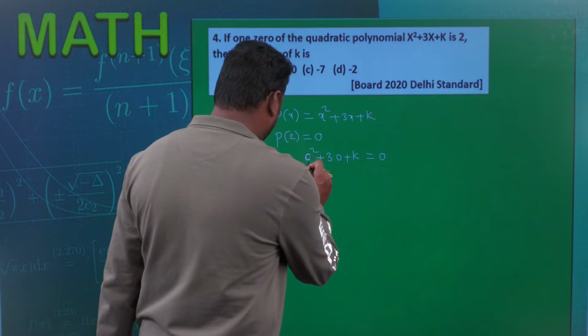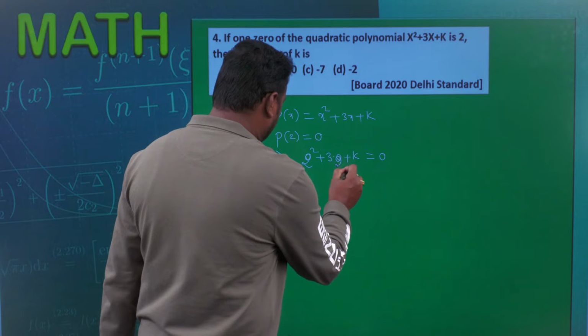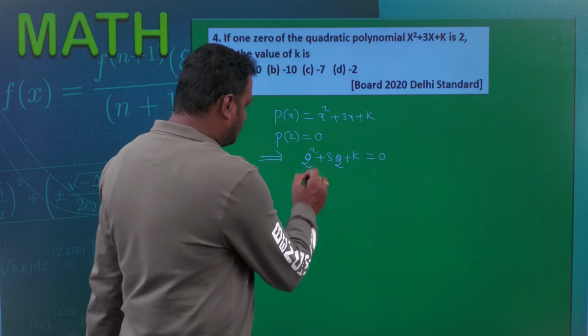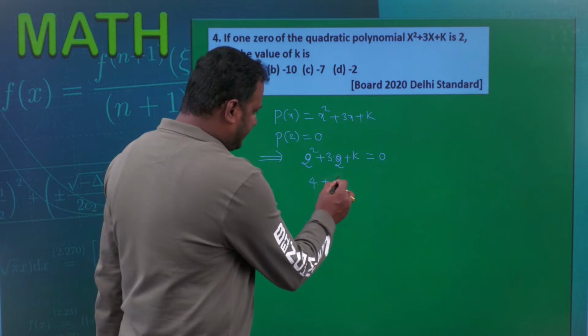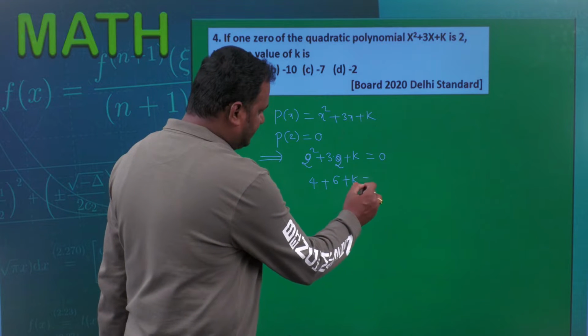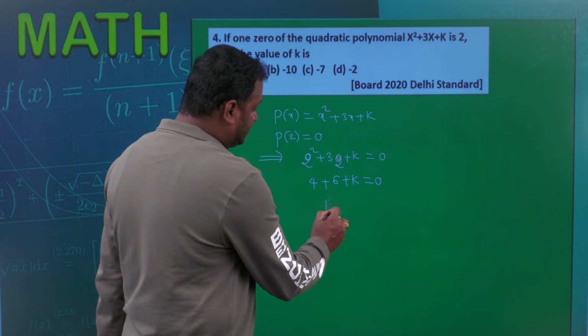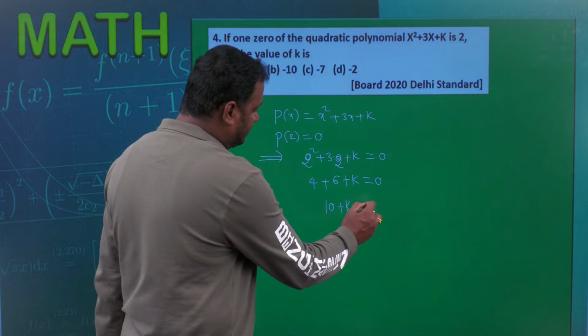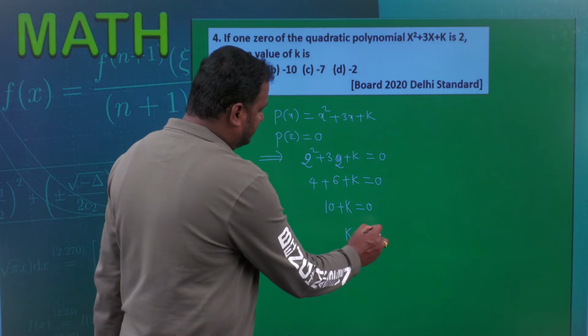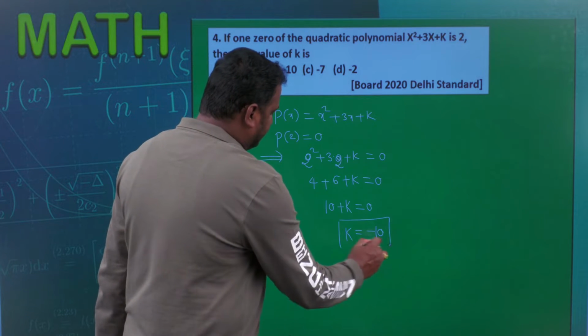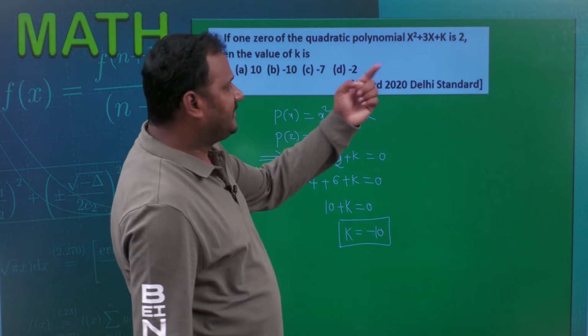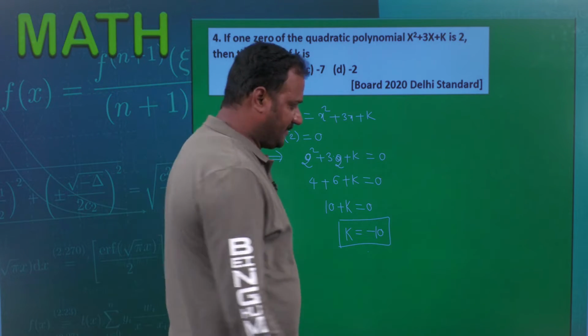So I will have to substitute 2. 2 square equal to 4 plus 3 times 2 equal to 6 plus k is equal to 0. 4 plus 6 equal to 10 plus k is equal to 0. Therefore, the value of k is going to be minus 10. So if k is equal to minus 10, then 2 is a zero of the polynomial.